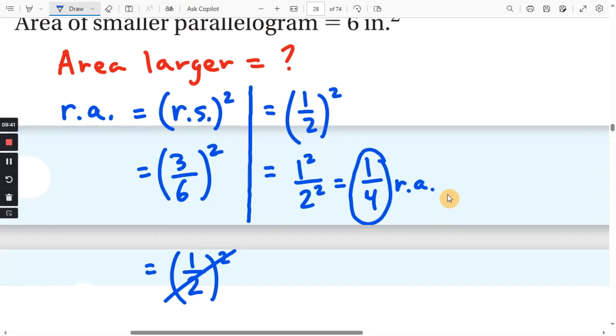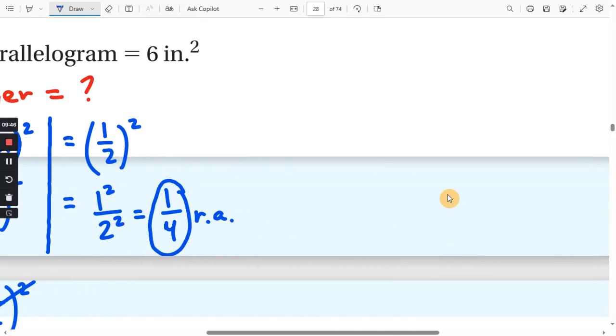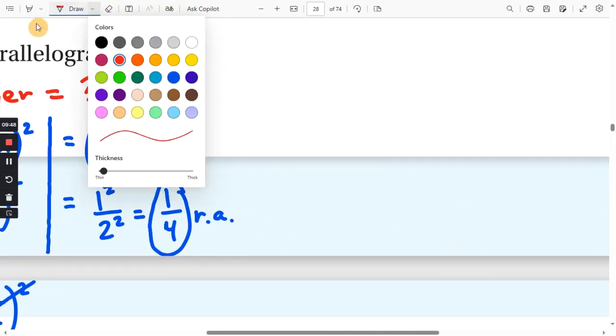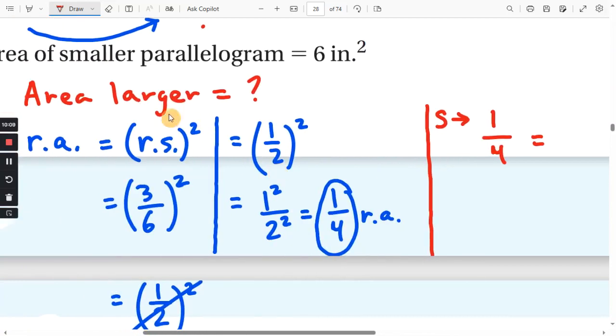All right, so let's finish this problem now. We have the ratio of the areas. One over 4. And over here is going to be the actual areas. On the top, in the numerator, that is the smaller parallelogram, and the larger parallelogram is clearly the one on the bottom.